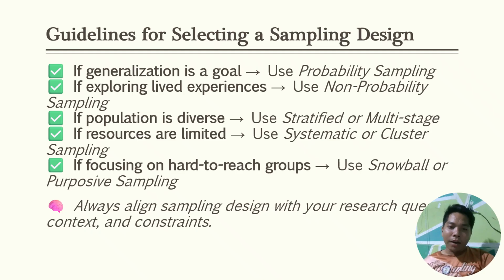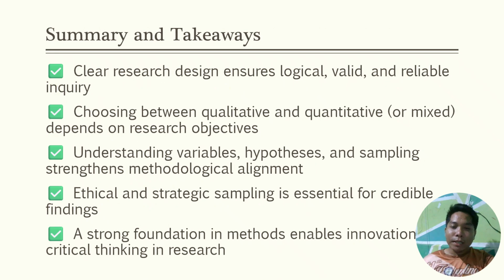If resources are limited, use systematic or cluster sampling. If focusing on a hard-to-reach group, you need to do snowball or purposive sampling to gather data even though they're hard to reach. Always align sampling design with your research question, context, and constraints for more reliable and validated results after your study.